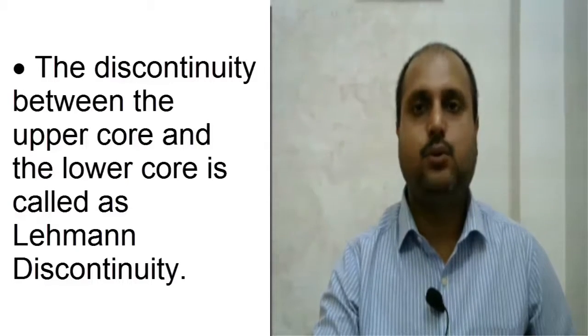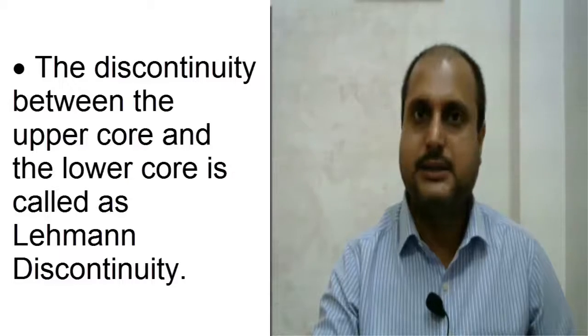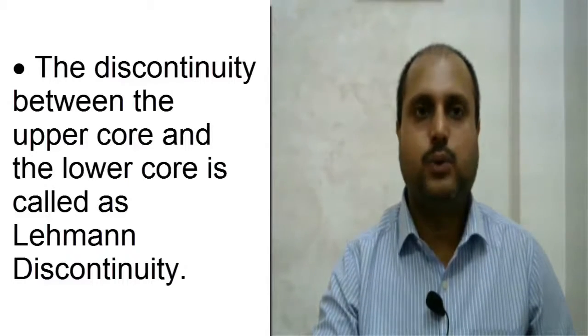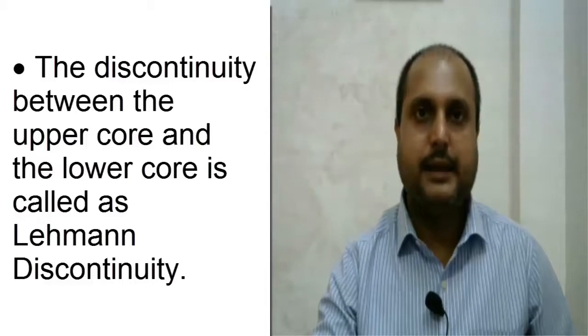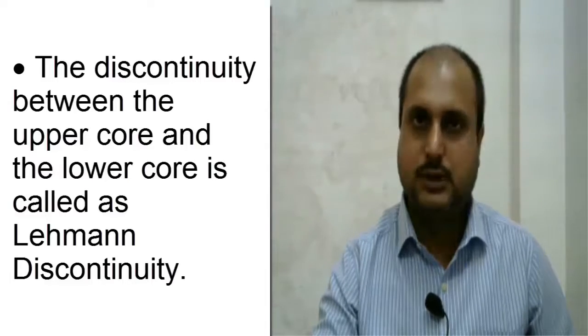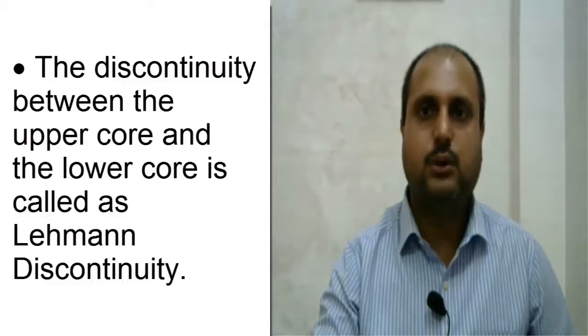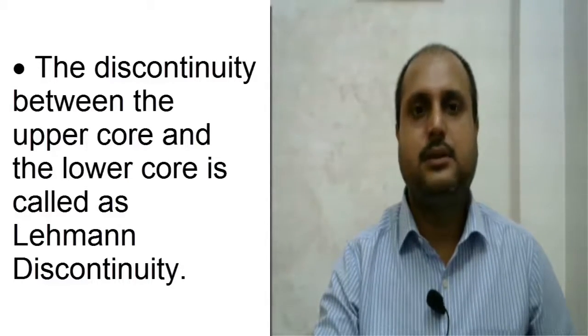But in the inner core, the iron content is 80% and the nickel content is around 20%. The discontinuity which differentiates the inner core from the outer core is called the Lehmann discontinuity. I hope that the core is clear for everyone.